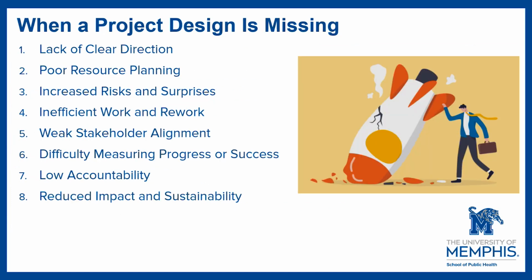So what happens when you decide to go ahead with a project and skip the project design phase? Well, you run into a lot of risks, problems, or issues. For example: lack of clear direction, poor resource planning, increased risk and surprises, weak stakeholder alignment, difficulty measuring progress or success, and low accountability.